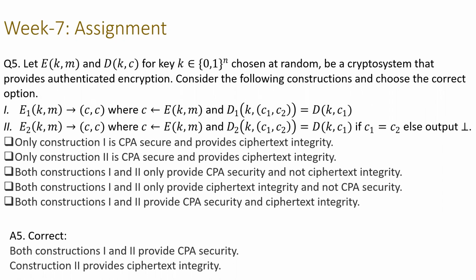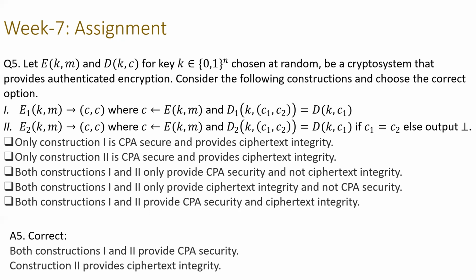And what information does it gather from the encryption oracle? It is just again message-ciphertext pairs of the form M comma C, C, right? So if the adversary is able to distinguish between encryption of M0 and M1 using this information, then it can surely distinguish the encryption between M0 and M1 in case of the basic scheme E using the encryption oracle, because in the basic scheme only M comma C information is visible, and here also the same information is visible in the modified scheme. So the modified scheme is basically CPA secure.